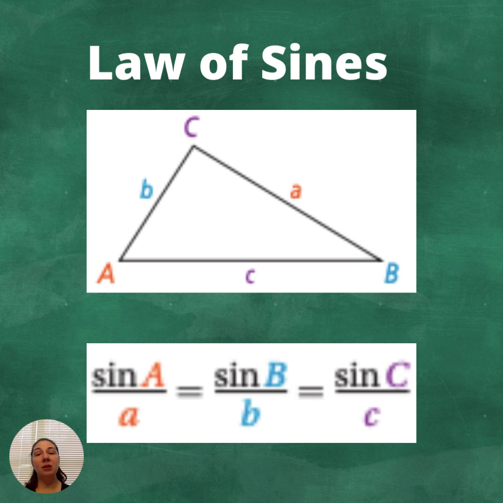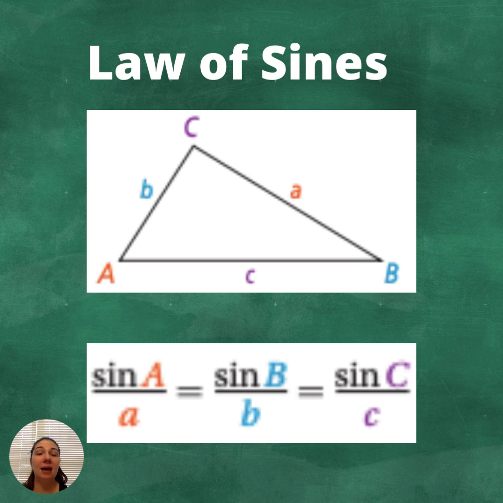So the formula is an extended ratio. We have three ratios equaling each other. When you do this problem, you're not going to have three ratios. You're only going to have two. So you're going to utilize proportions to solve. But what they're saying is the sine of angle A over the length of the side opposite of A is equal to the sine of angle B over the length that's opposite of angle B, which is equal to the sine of angle C over the length that's opposite of C. So that's what the formula looks like.